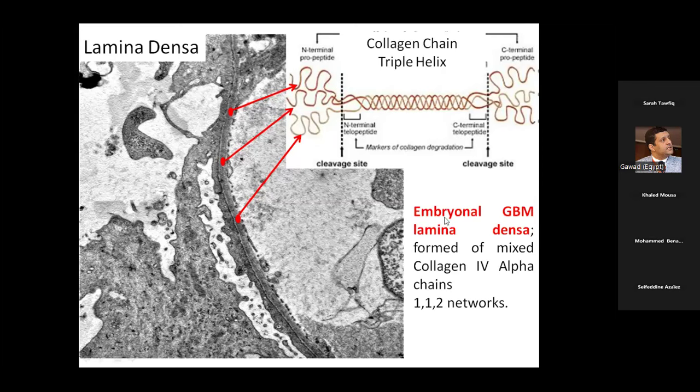If it is an embryonal glomerular basement membrane, it will be formed of alpha chains 1, 1, and 2: two of collagen 4 alpha chain 1 and one of collagen alpha chain 2. Then when the glomerular basement membrane becomes mature, it will be formed of collagen 4 alpha chains 3, 4, and 5. So it changes from 1, 1, 2 to 3, 4, 5.